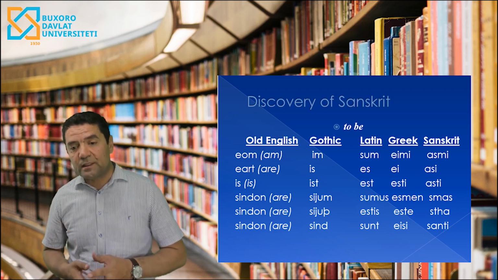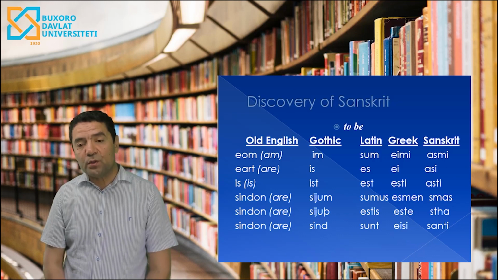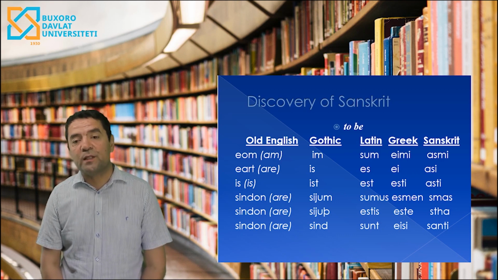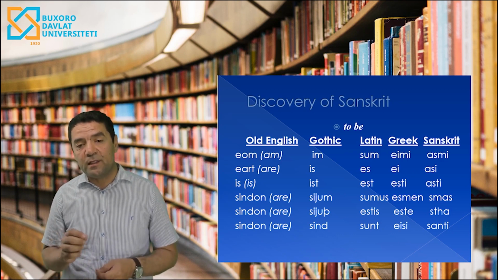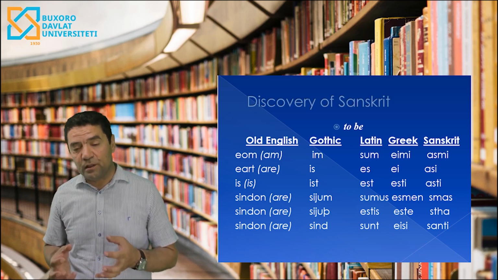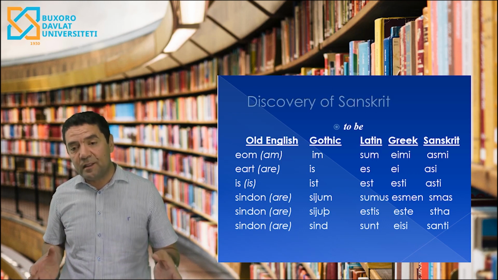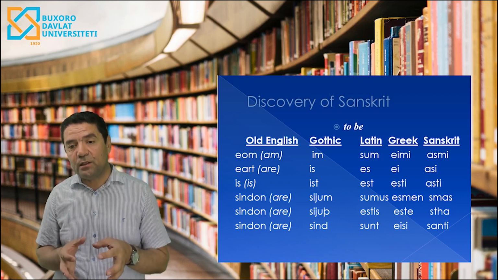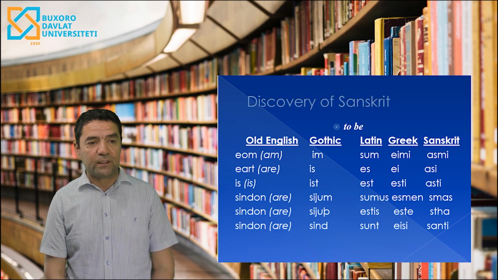When you look at this conjugation, it's not so difficult to see the resemblance. And this resemblance proves the relationship between these different languages, and these languages are united into one group, the so-called Indo-European family of languages.